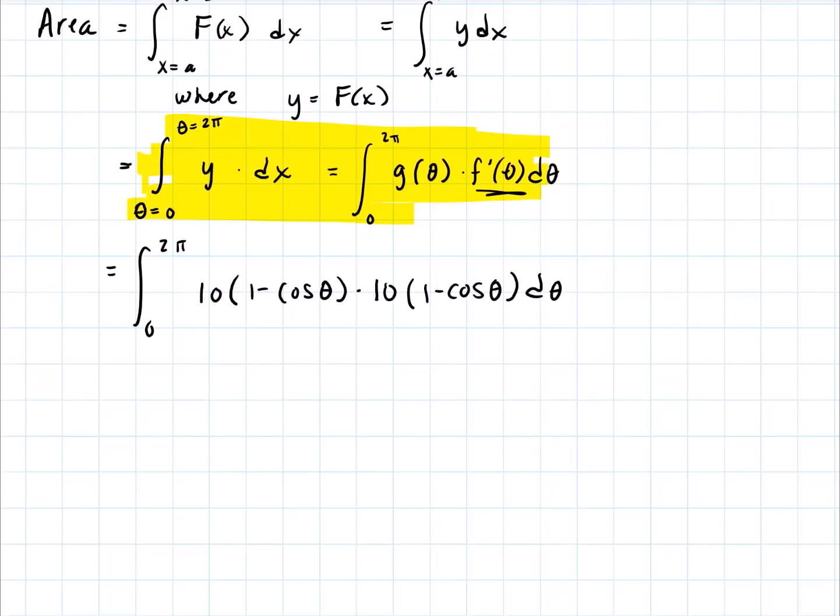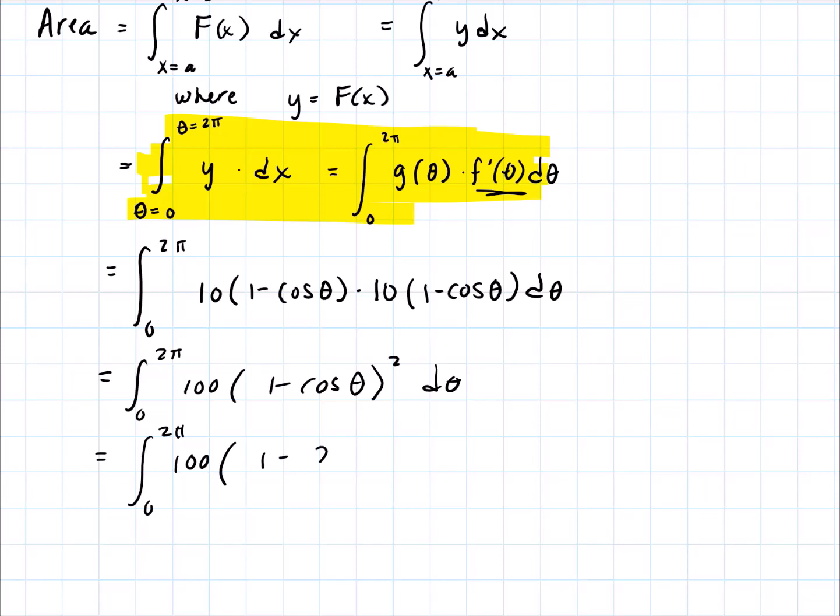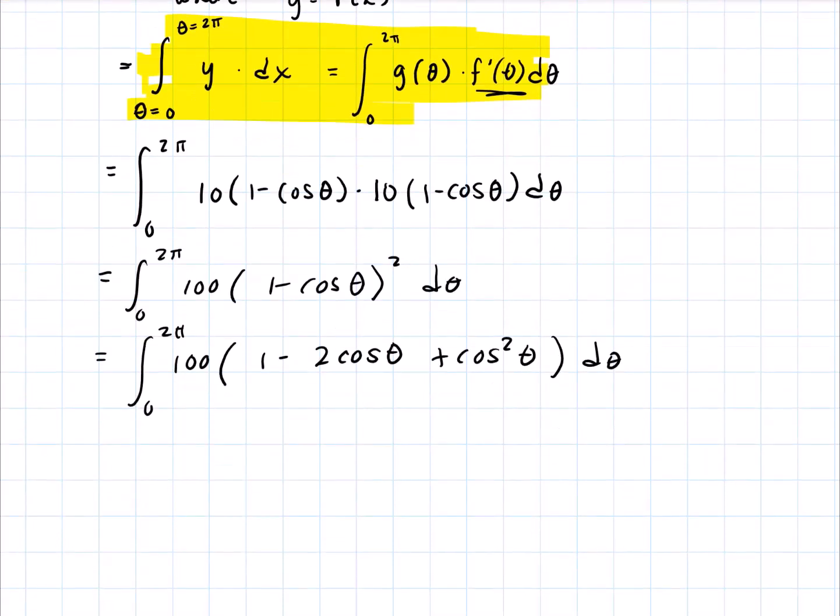And now we just have to do some integration, so we can also practice some integration here. So we've got the integral from 0 to 2 pi of 100 times 1 minus the cosine of theta, quantity squared, d theta. So we'll expand that out. That's going to be the integral from 0 to 2 pi of 100 times 1 minus 2 cosine of theta plus the cosine squared of theta, d theta.